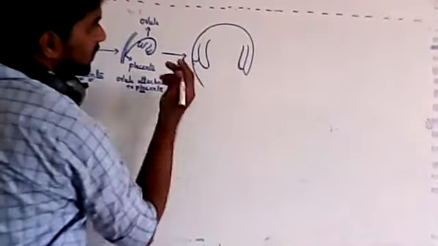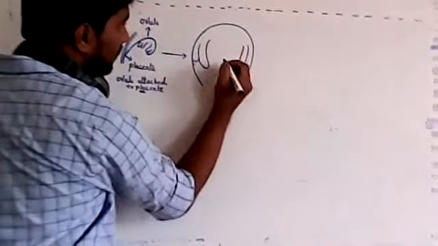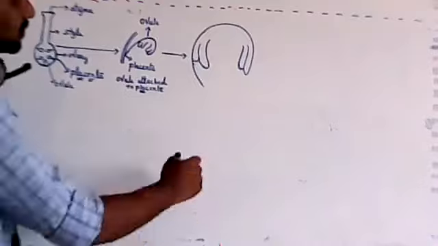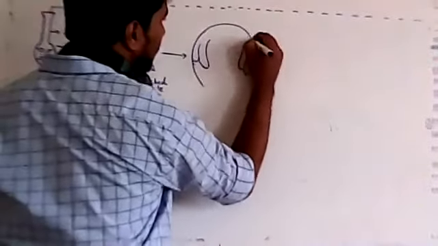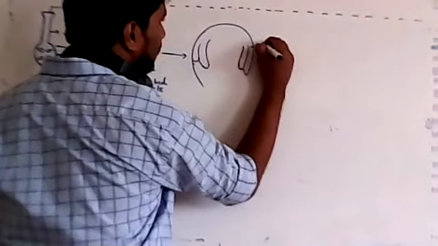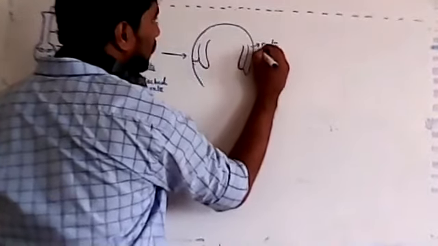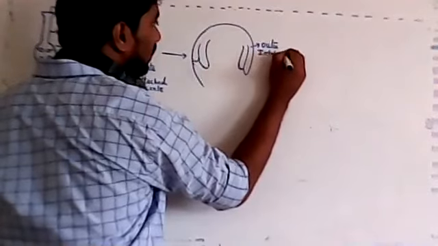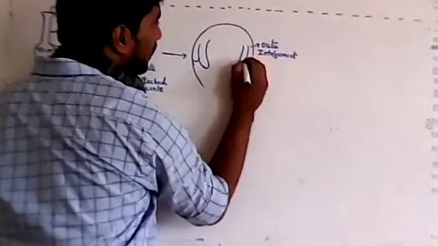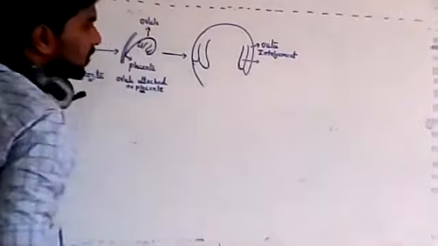Then in the center, this is called the outer integument and the inner integument. So two coverings are present.